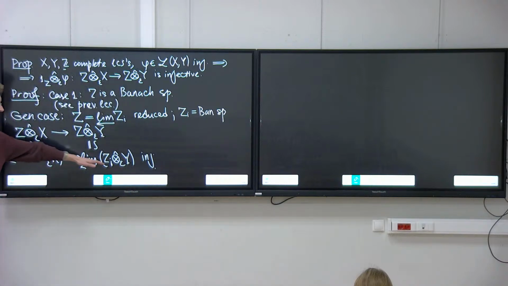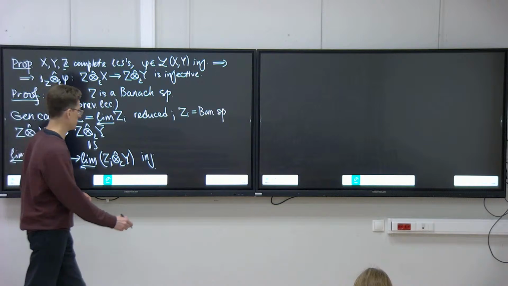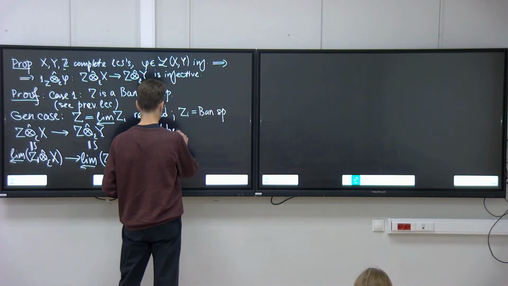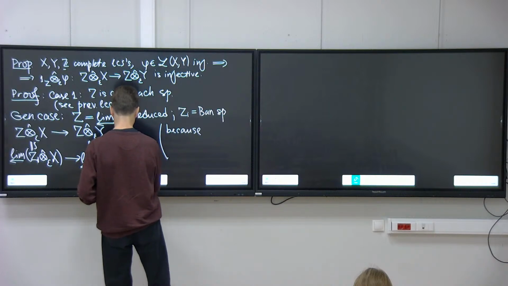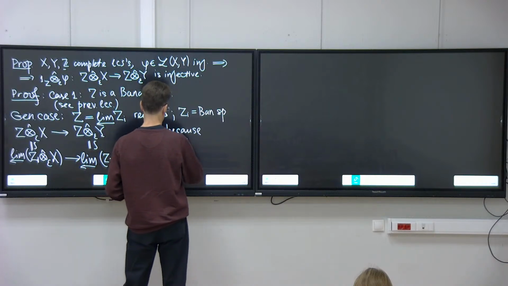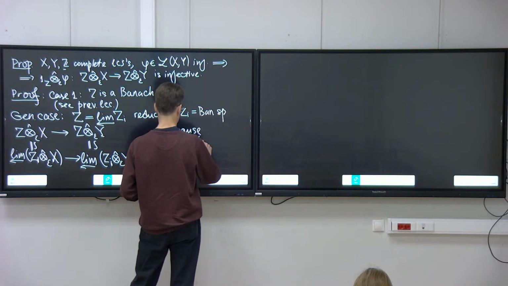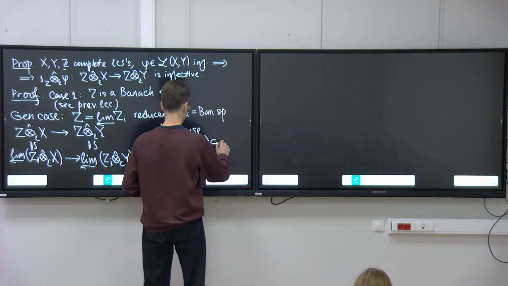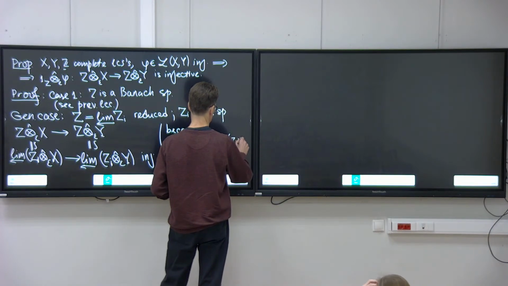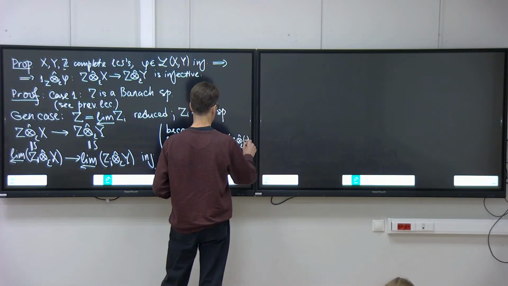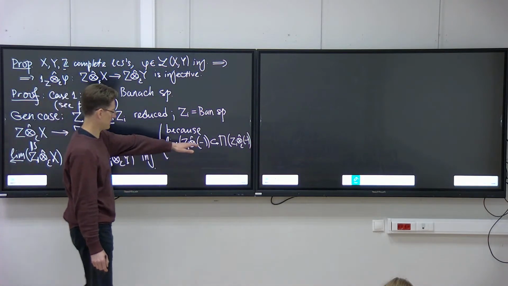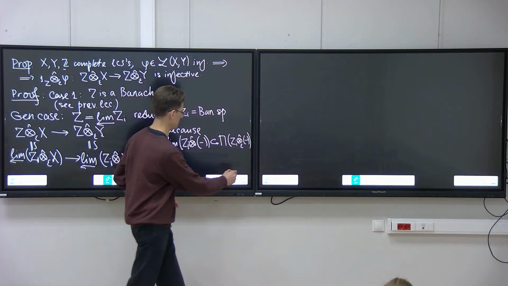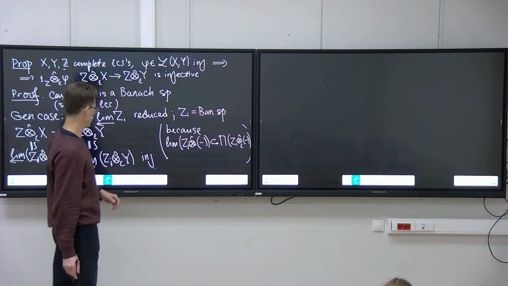Well, indeed, for each i we have an injective map from Z_i tensor X to Z_i tensor Y, and we recall that the projective limit is naturally embedded into the product, both for X and for Y, and clearly the product of injective maps is injective.